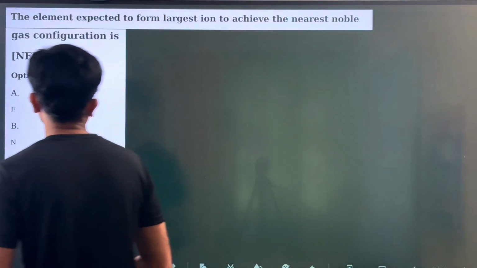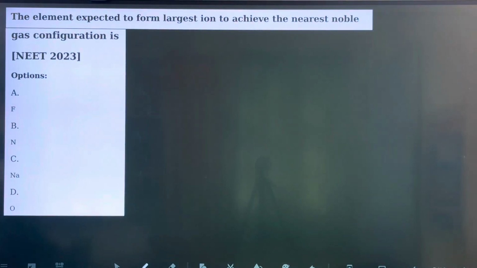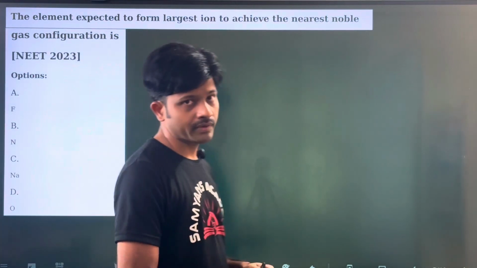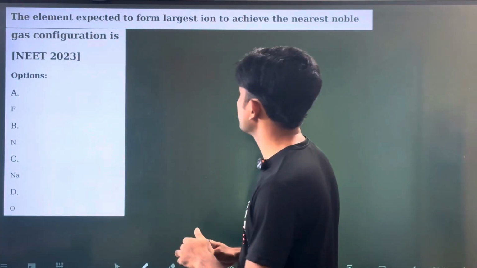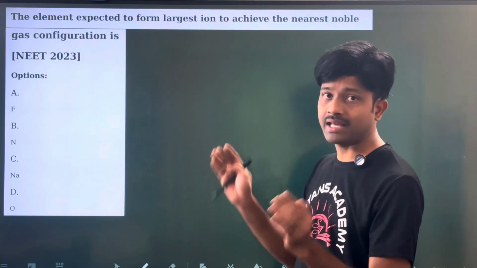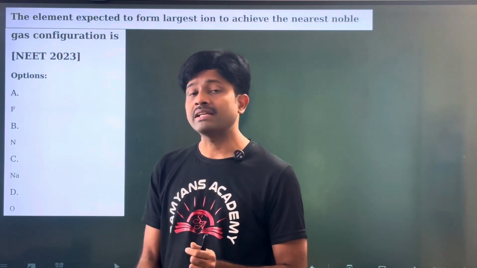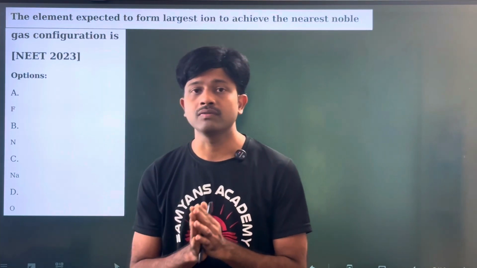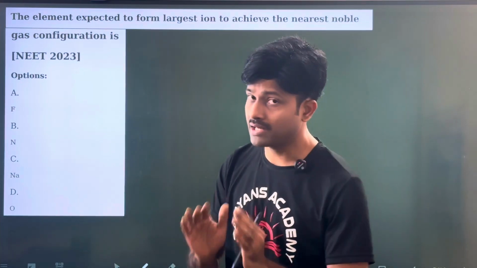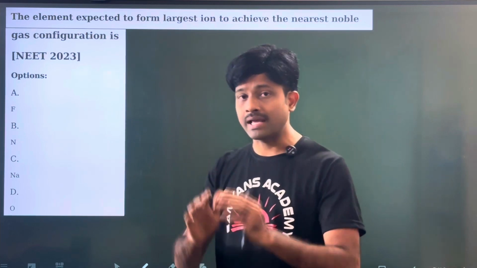Now, which element is expected to form the largest ion to achieve the nearest noble gas configuration? Which one will form the largest ion? The atom which gains more electrons has the larger ionic radius.